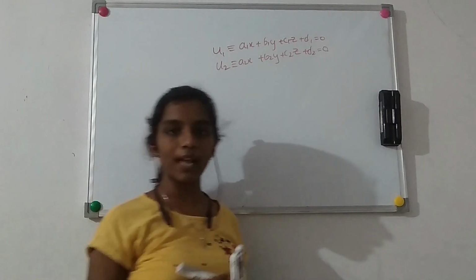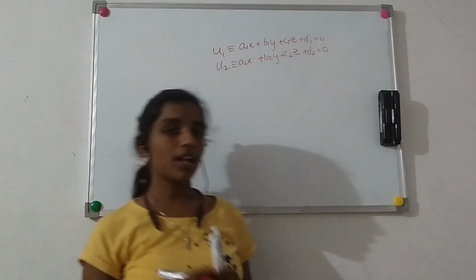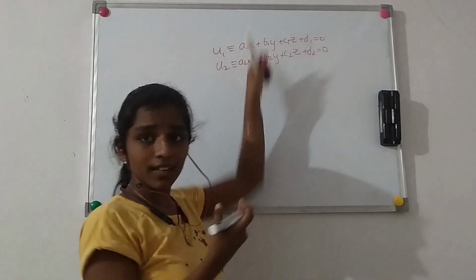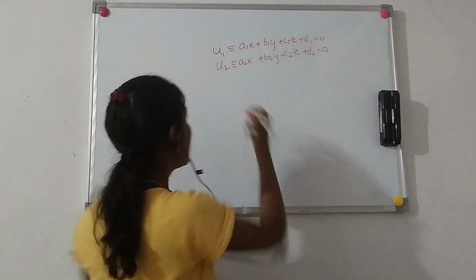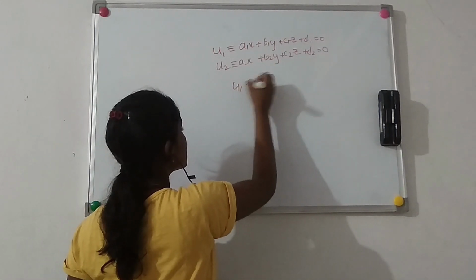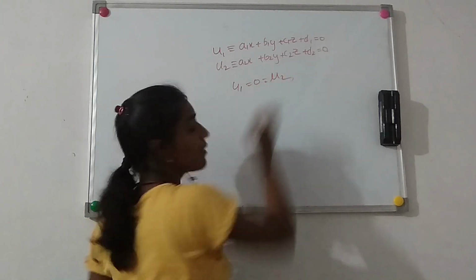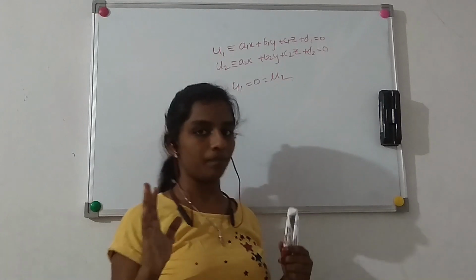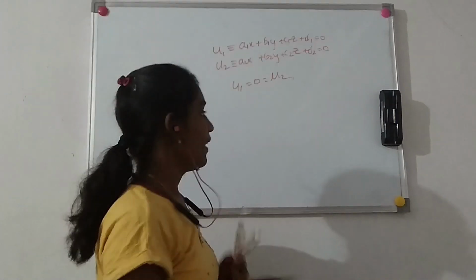This is the u2 line. Okay, clear? So now, what is the unsymmetrical form of the line of intersection between these two planes? That will be u1 equals 0 equals u2, right? So how do you convert this to the symmetrical form? That is the question. Okay, let me tell you.